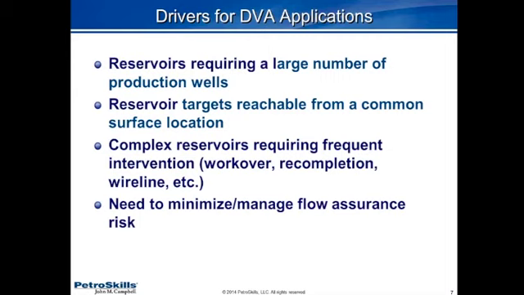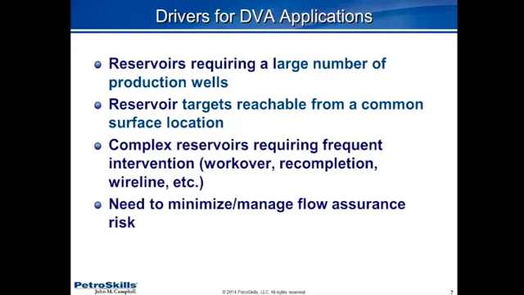The one problem that one creates with a remote subsea well is the need to move the production fluids, so the oil and gas that are being produced from the reservoir, to the platform for processing and stabilization.